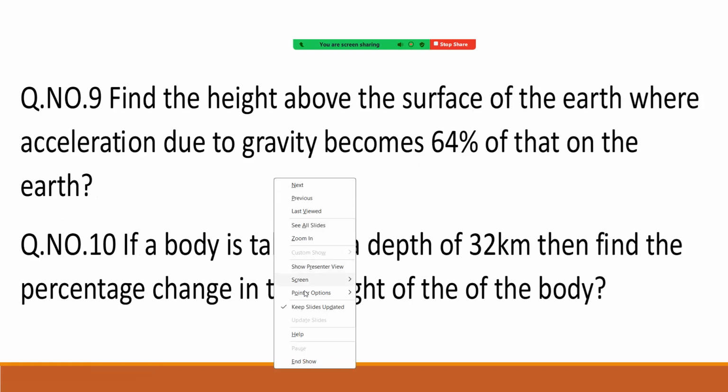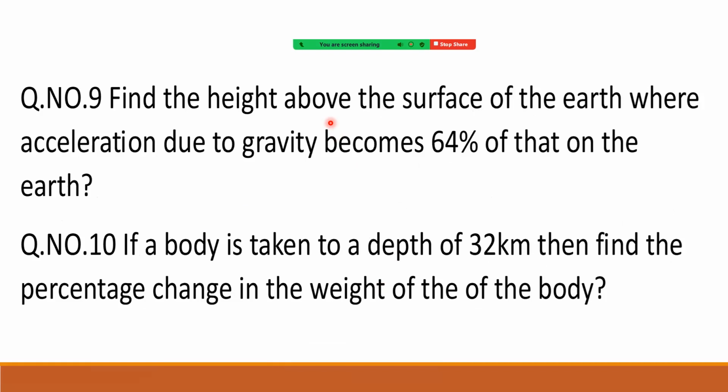Find the height above the surface of the earth where acceleration due to gravity becomes 64% of that on the earth. It is again the same as the previous question, right? Okay, I will do that.